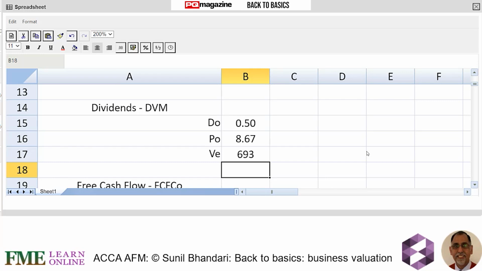So normally, not always, normally the DVM share price and the share price quoted on the stock market would be pretty similar. And in this question, they are. The share price on the stock market is currently 850, the DVM is at 867. You would say they are materially close to each other.